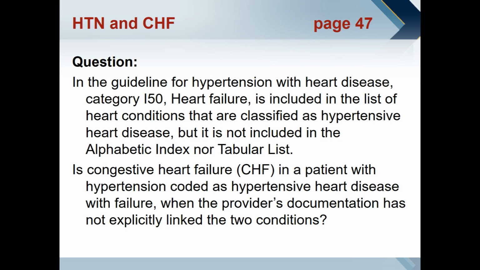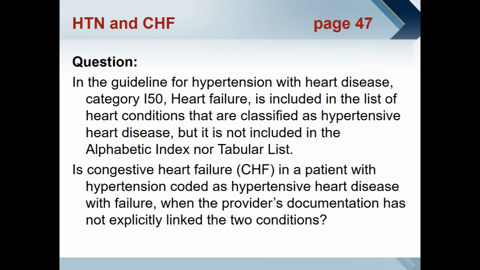Hypertension and congestive heart failure. This question addresses some confusion surrounding the index and the tabular on the topic of hypertension and congestive heart disease. Let's have a look. In the guideline for hypertension with heart disease, category I-50, heart failure is included in the list of heart conditions that are classified as hypertensive heart disease, but not included in the alphabetic nor tabular list, pointing out that the guidelines give us a definition of hypertensive heart disease, but it is not consistently defined within the alphabetic or tabular list.